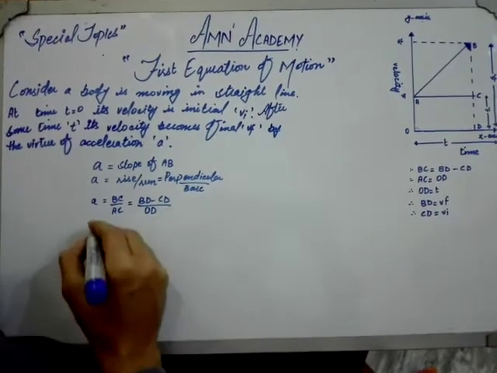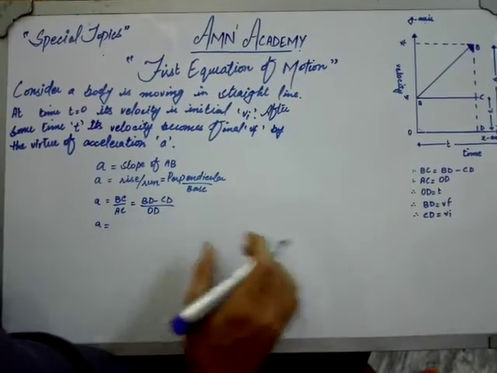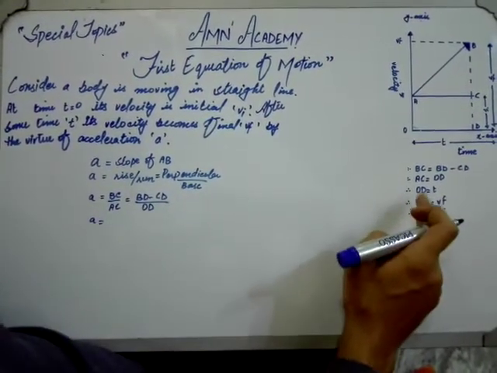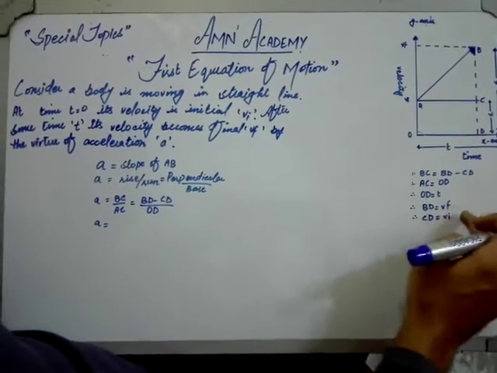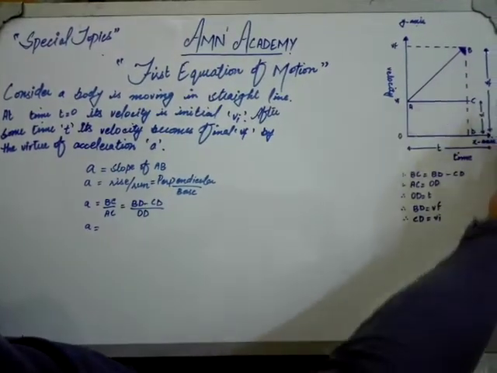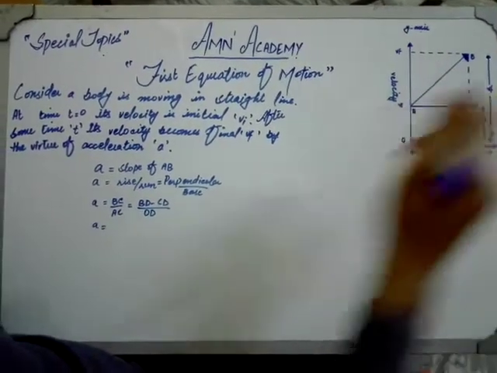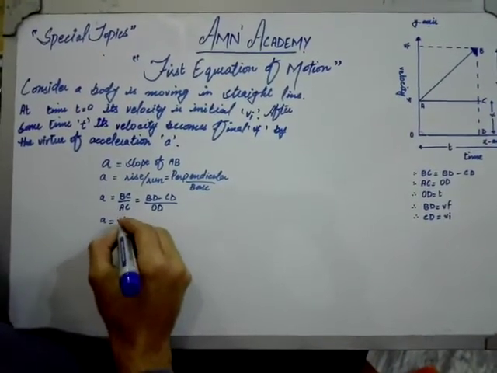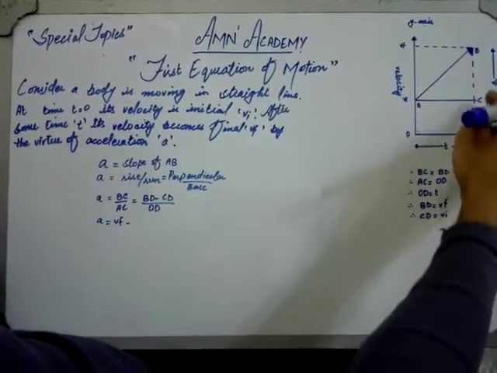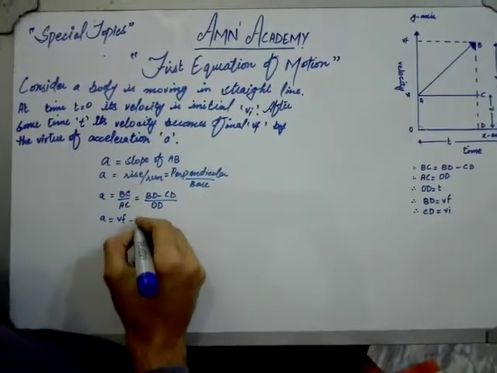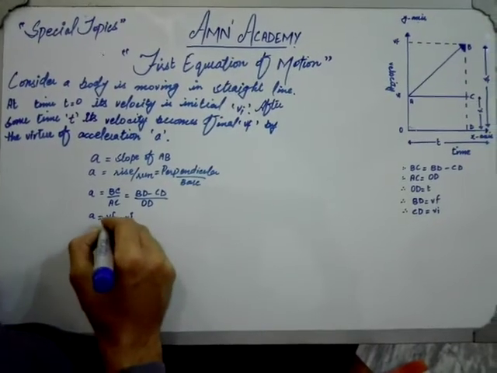Now the value of BD is the final velocity. From here to here, that is the final velocity, that is BD. So vf minus what is CD? That is the initial velocity, vi. What is OD?